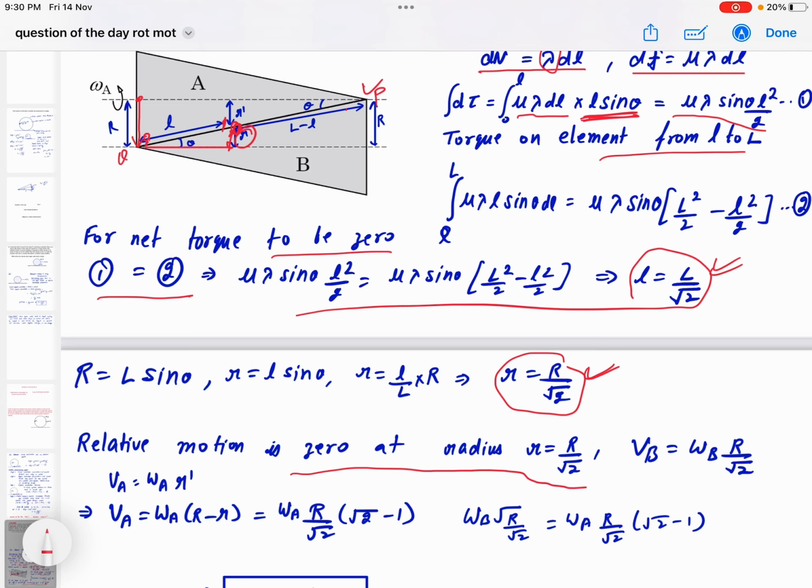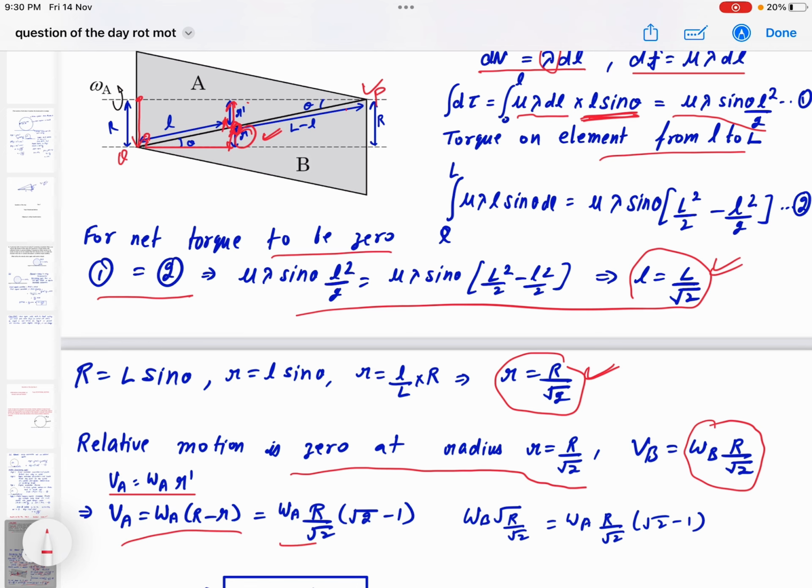The velocity at B I can write as omega B into r by root 2, and for the point on A, I can write omega A into r dash, where r dash is this length. The total distance between these two axes is capital R. If the radius is small r for cone B, then the radius for cone A should be r dash, meaning capital R minus small r.